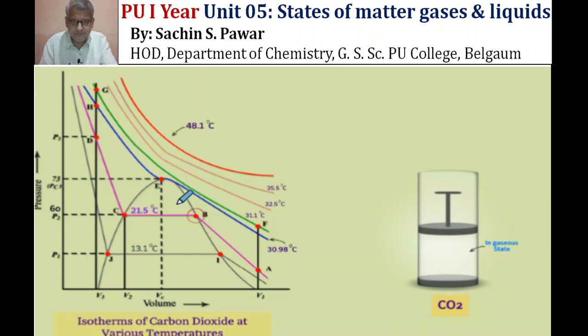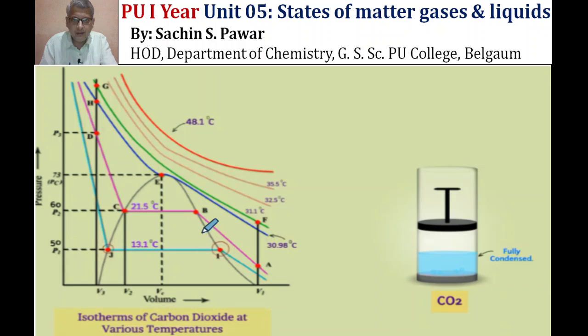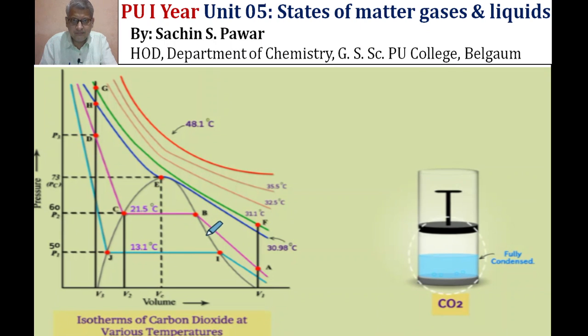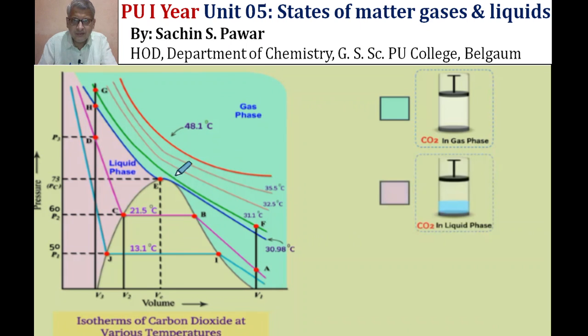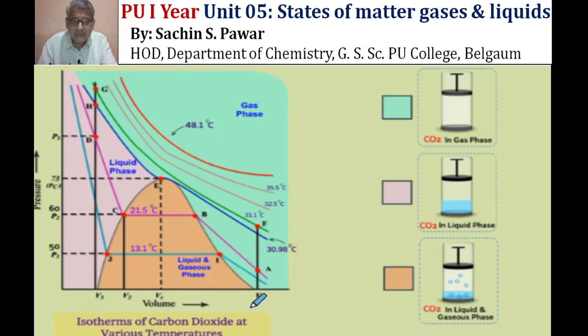So here I have a gaseous state above, this is the gaseous phase. You have a liquid phase, and in this dome shape you have what is known as the liquid plus gas.